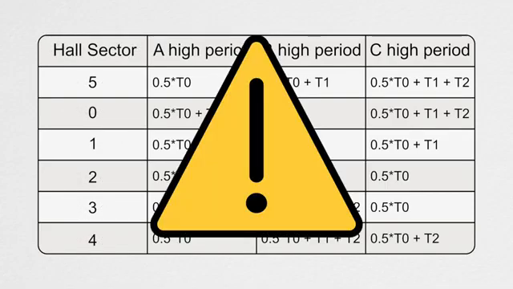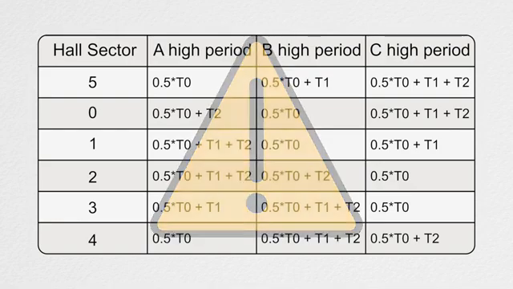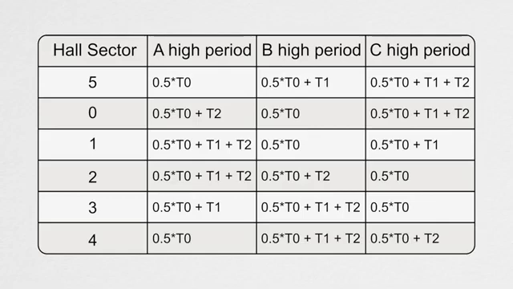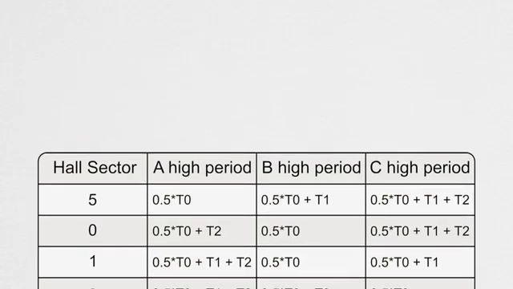Secondly, and very importantly, these equations are for the angle convention I have adopted. Other resources may define what angle they call 0 or which Hall sector they refer to as 0 differently than I do. This will cause their equations to be phase shifted relative to mine. My angle convention isn't more or less correct than anyone else's, but it's important that whatever convention you choose, you're consistent with it.